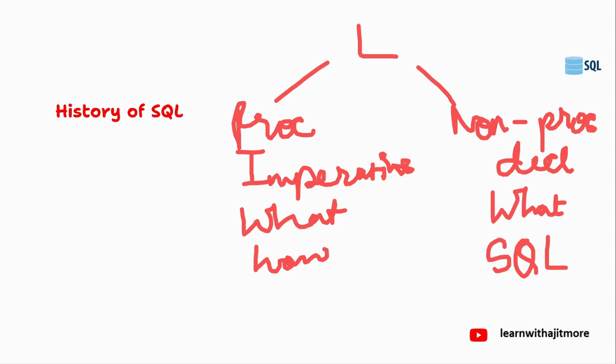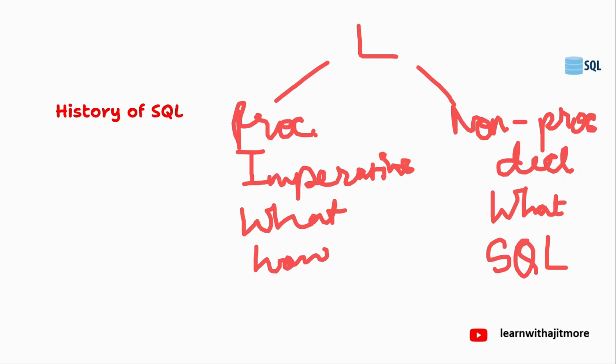Now, how to retrieve those records from the employee table? That is the job of DBMS. DBMS will bring and give you all the records. How is not your job. How is the DBMS's job. In case of HTML also, it is the job of the browser. Browser will see how to present that page. You're just giving the structure of your page using HTML tags.